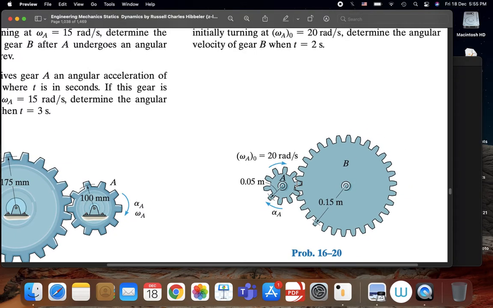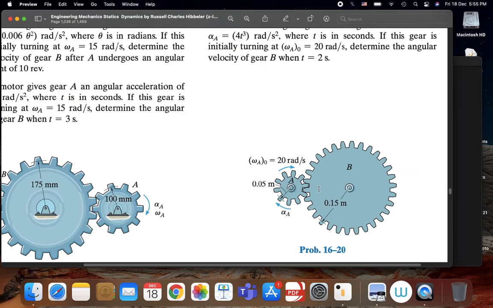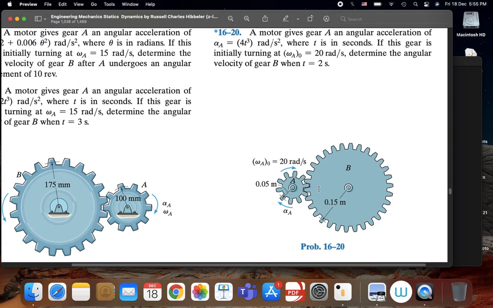Also, if we have information here and need to move to another point, we have to solve for unknowns here first and then move to the other gear or the other part of the machine. So let's write down whatever we know now and start solving the problem.